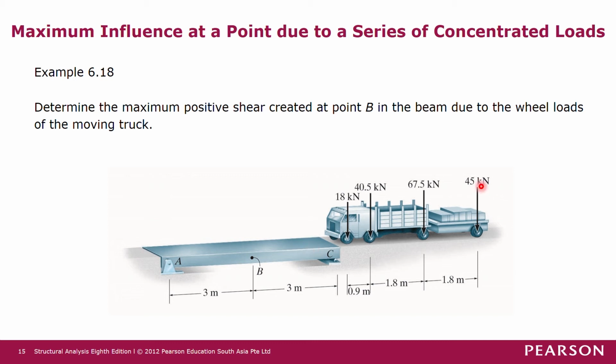You can see that this 45 kilonewton force is still not on the beam, so the effect on shear is just caused by these three forces when the 18 kilonewton force has moved from the right of point B by 0.9 meter to the left on the beam.